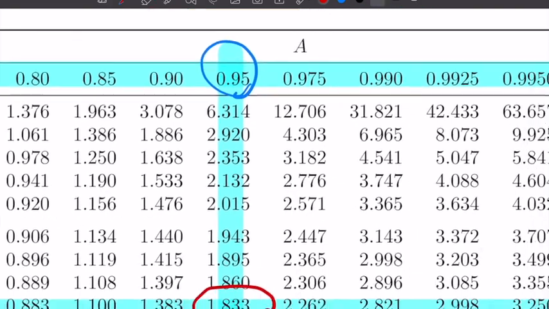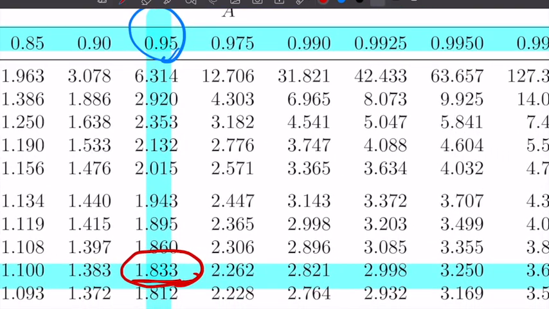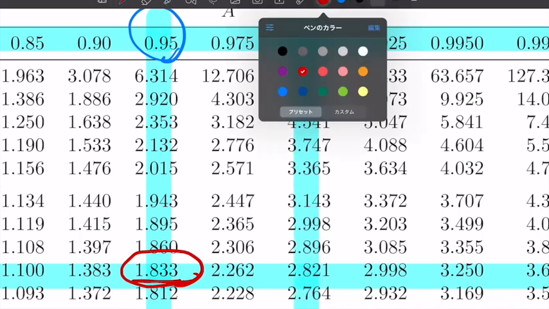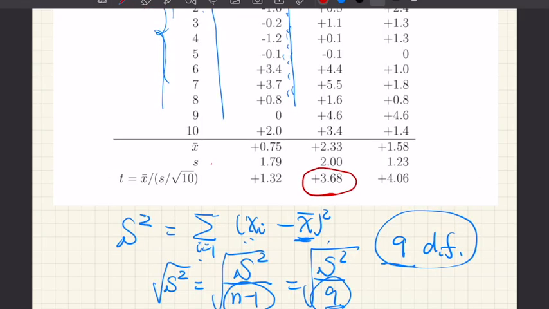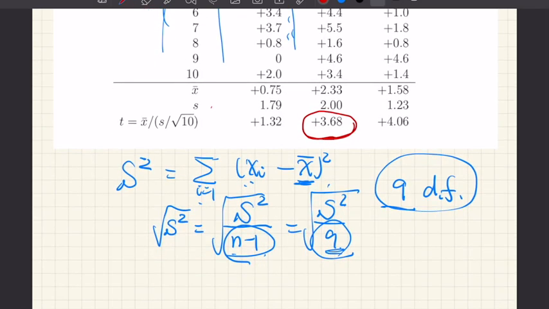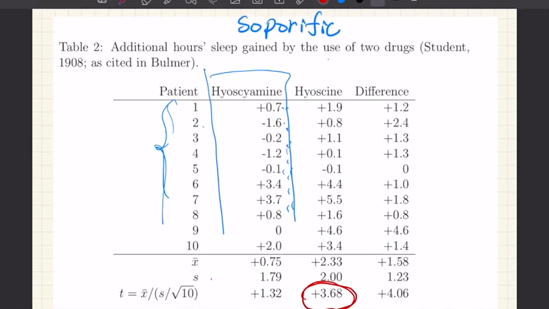What about 1%? If you want to check 1% significance level, you look at this column. That's 2.821. So our statistic here is still greater than that. So this hyoscine is effective with 1% significance level.